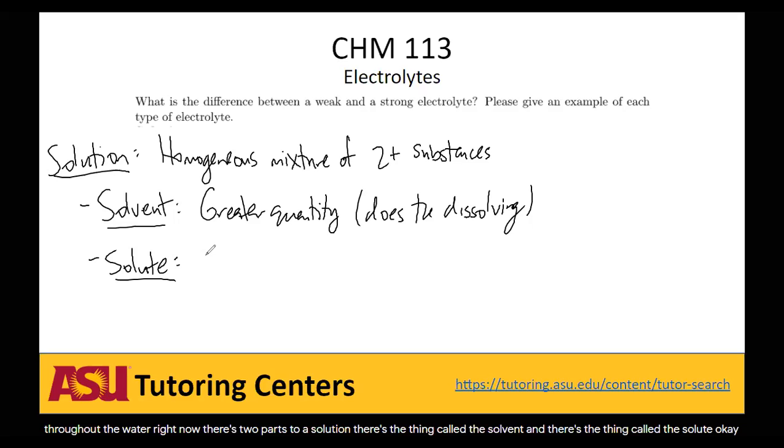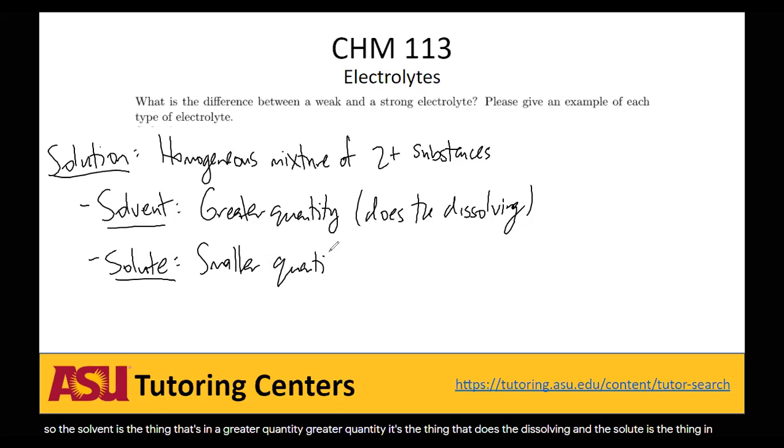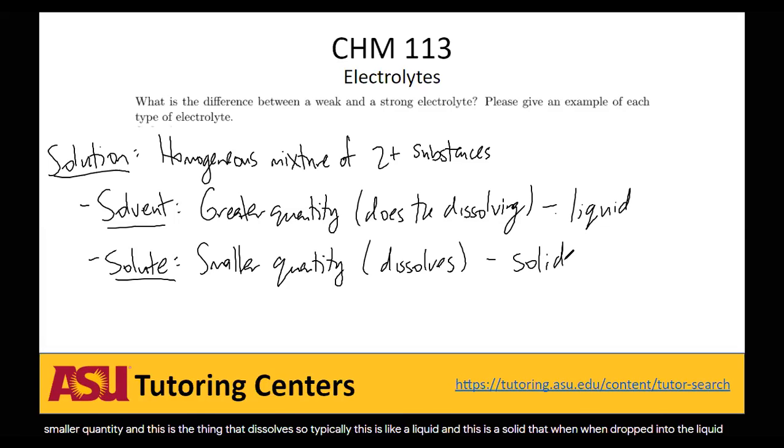And the solute is the thing in smaller quantity, and this is the thing that dissolves. Typically the solvent is a liquid, and the solute is a solid that, when dropped into the liquid, starts to dissolve. So again, with salt water, the water is the solvent and the salt is the solute.